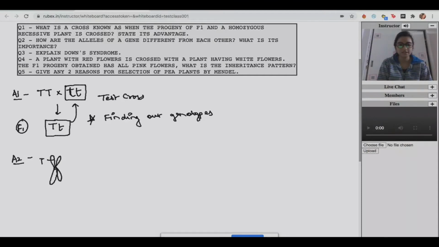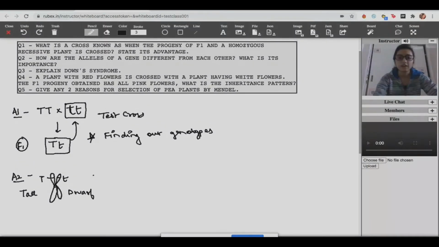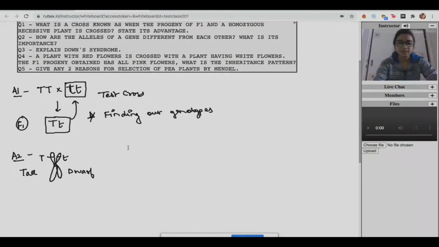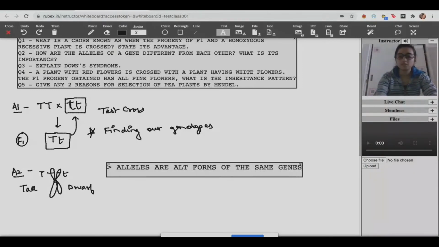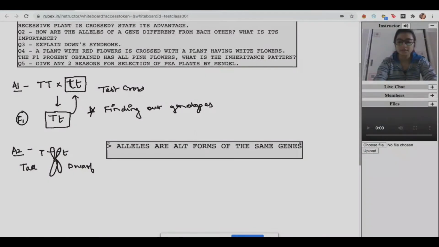If one of them is the allele for a plant being tall, the other is the allele for a plant being dwarf. Alleles are alternate forms of the same genes. For example, capital T and small t.